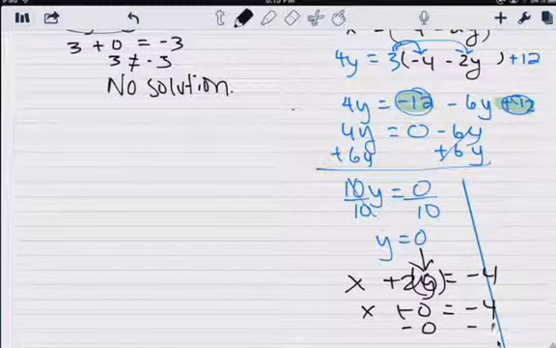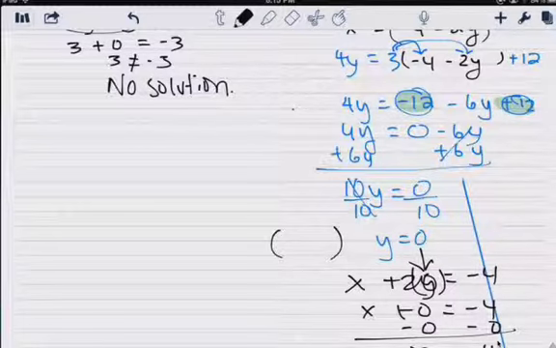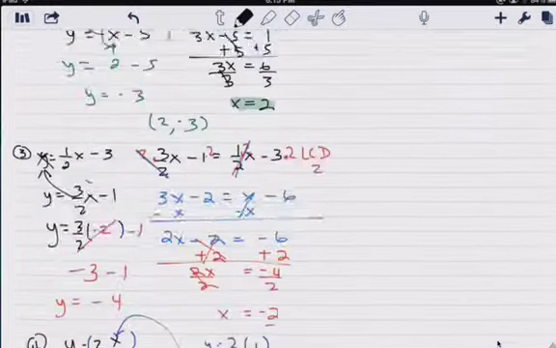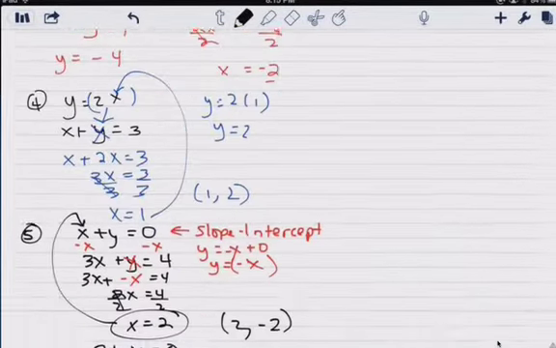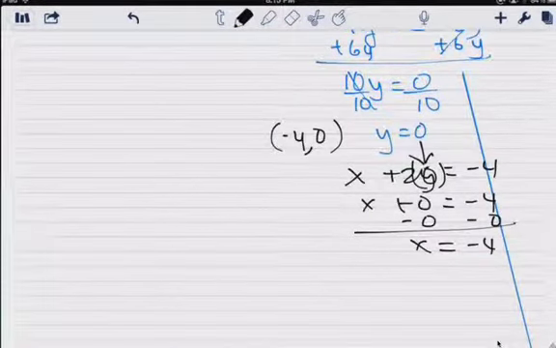Minus 0 minus 0. So x equals negative 4. So your solution is negative 4, 0. Negative 4, 0 is the first one. Cross it out right there. Anyways.